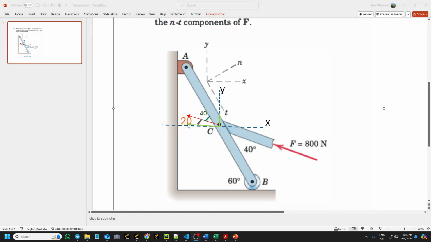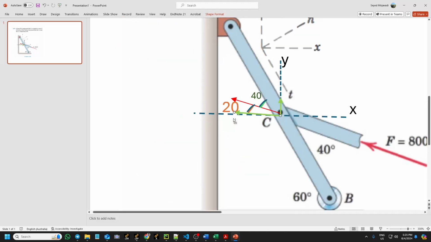This should be aligned with the line, but unfortunately in the PowerPoint we have a technical problem. Now you assume that this will be exactly on this line. I don't know why.